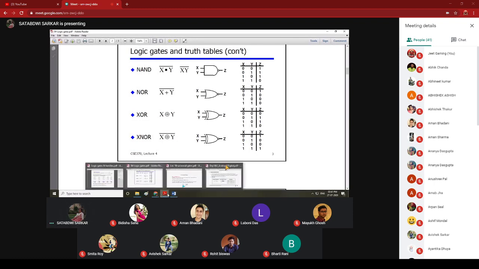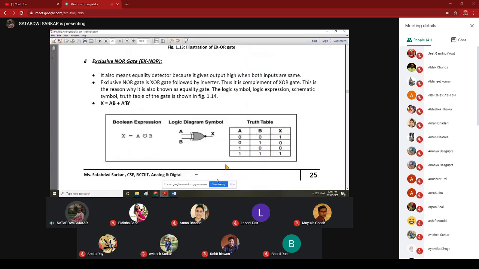So the exclusive NOR gate is an XOR gate followed by an inverter. So this is the XOR part, and then we can see here is a bubble, that is an inverter. So the inverted output after an XOR operation.